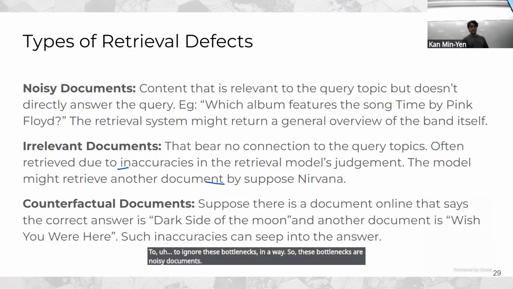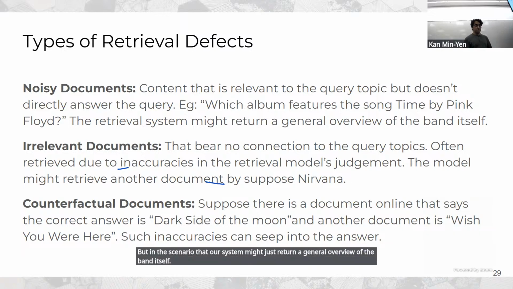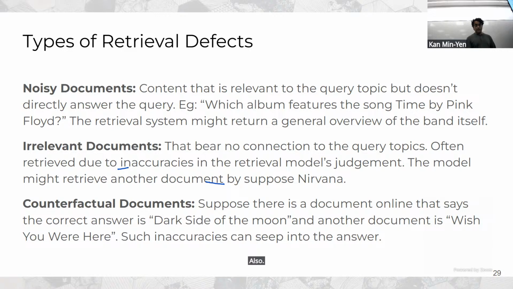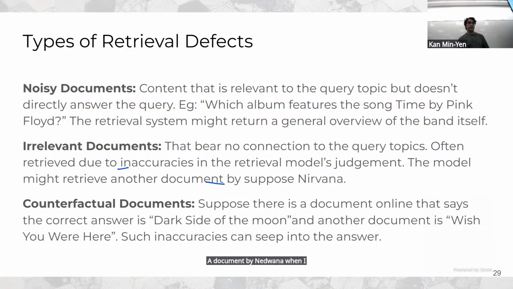Let's say I ask which album features the song Time by Pink Floyd, but in this scenario, the RAG system might just return a general overview of the band itself. Also, irrelevant documents. Let's say that it retrieves another document by Nirvana. I wouldn't want a document by Nirvana when I'm asking about Pink Floyd, right? Also, there are counterfactual documents which might have inaccurate information.